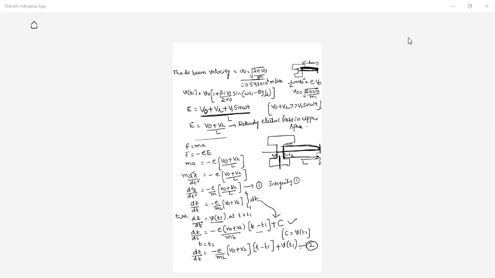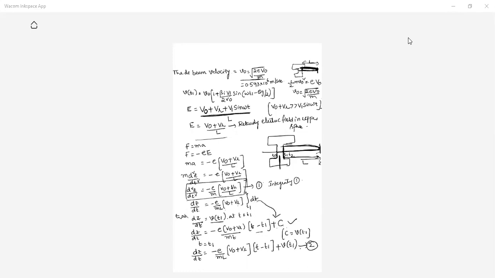So we are doing the integration. This is the basic expression we have. By doing the integration, we are going to get dz by dt is equal to minus e (V naught plus VR) by mL, integration of dt from T1 to t. What is that integration? You are going to get t. So by substituting the limits, you get t minus T1 plus the constant c.